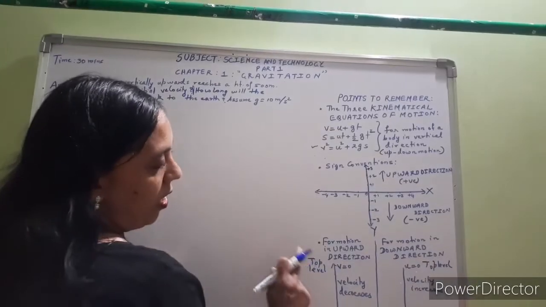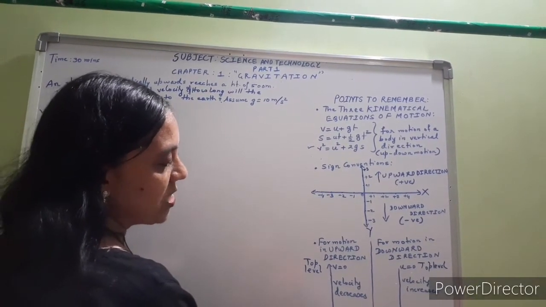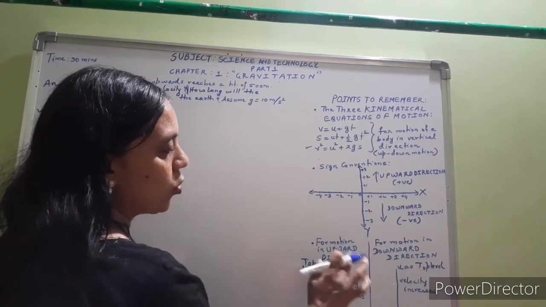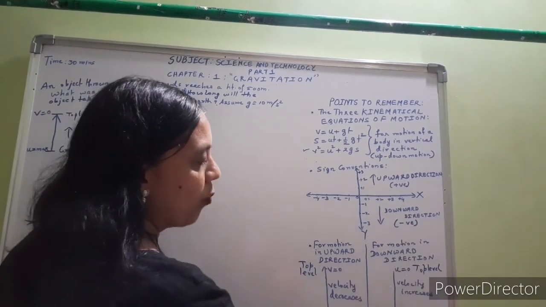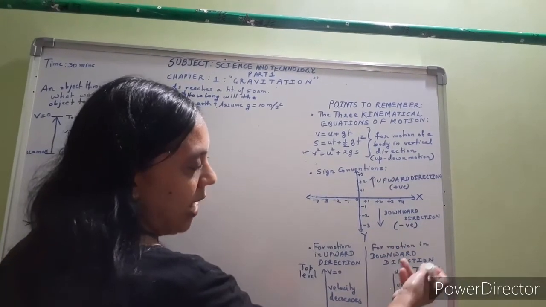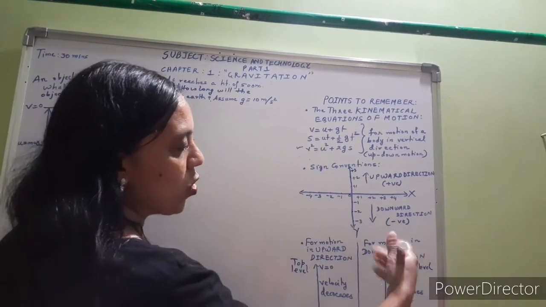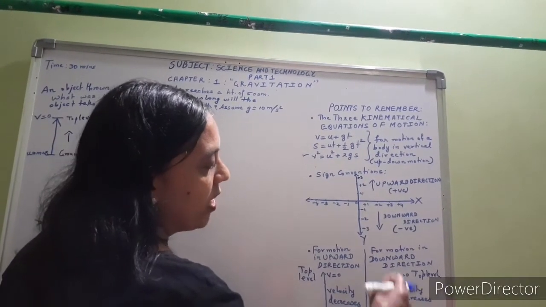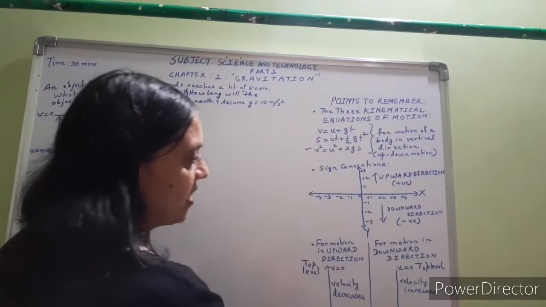Then if the body is going in the upward direction, at the ground level, initial velocity will be maximum, velocity goes on decreasing, and when it reaches the top level, final velocity will become 0. For the motion in the downward direction, at the top level, initial velocity will be 0, velocity goes on increasing as it goes down, and when it reaches the ground, final velocity will be maximum. So keep revising these things.